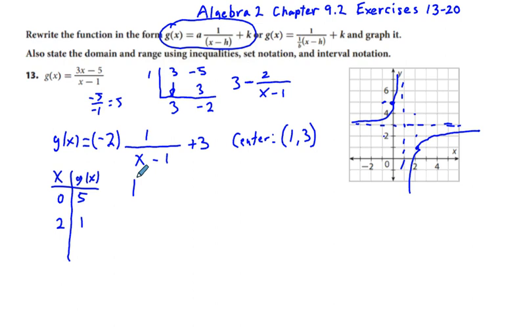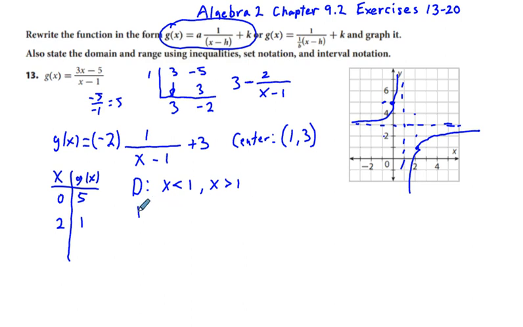And then state the domain and range. Our domain, using inequalities, is x is less than our vertical asymptote of 1, and also x is greater than 1.